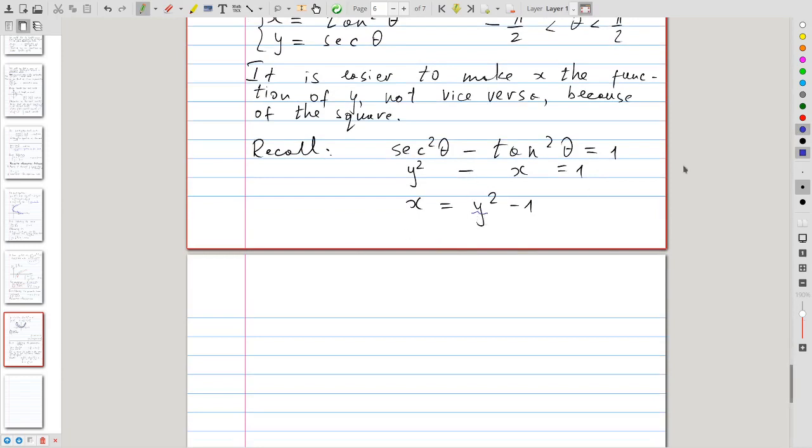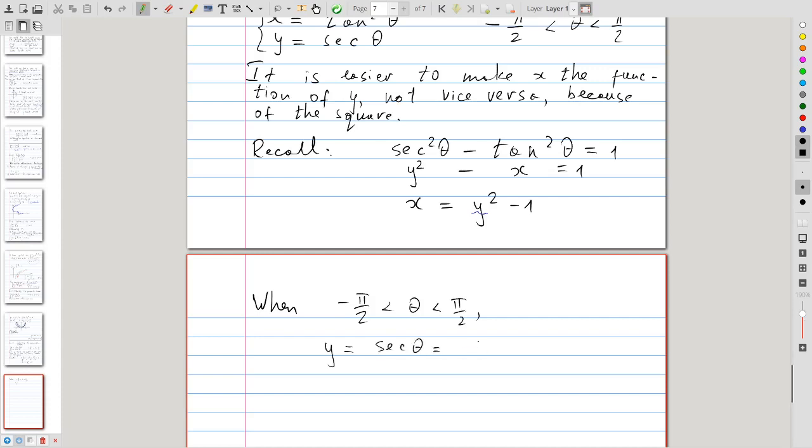Well, when theta is between minus pi over 2 and pi over 2, what are the values for y? Well, y, for these values of theta, y being secant theta, aka 1 over cosine theta, which values can it take?